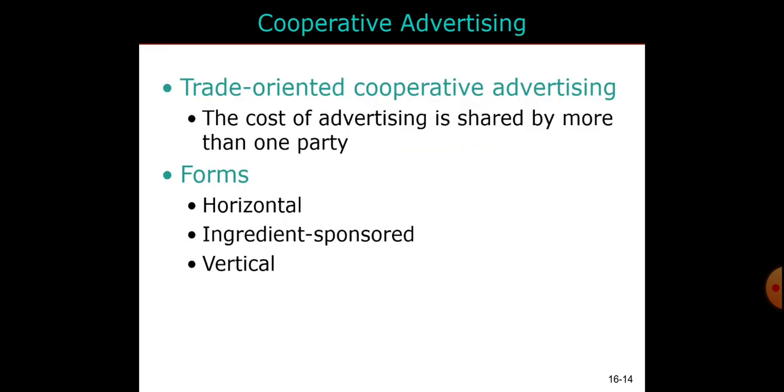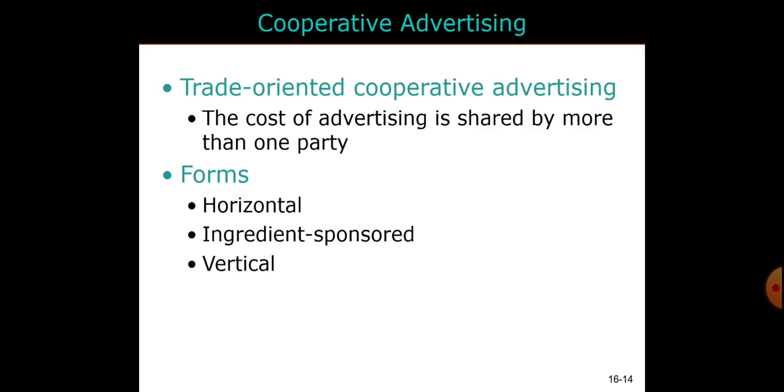So cooperative advertising, again, is where the cost of advertising is shared by more than one party. There are different types: horizontal, ingredient sponsored, and vertical. Ingredient sponsored is the one I just mentioned. Dell has an ingredient, the chip of Intel, and that is ingredient sponsored. Horizontal means they are in the same level of business, for example Adobe and Microsoft.